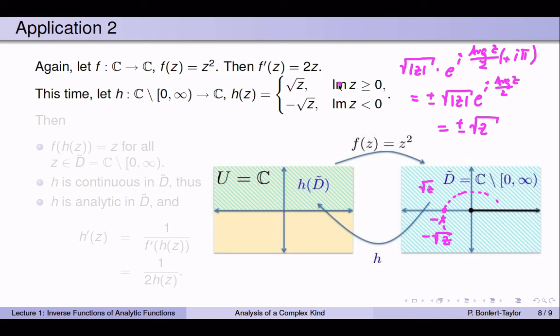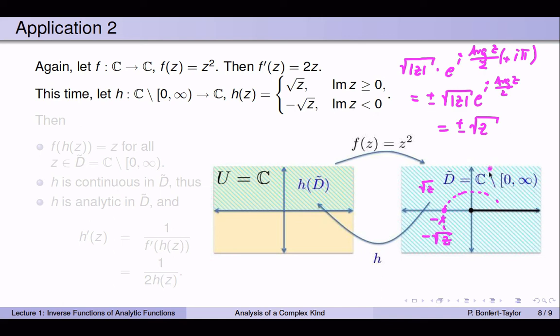When the imaginary part of z is positive, we choose the square root of z. When it's negative, we choose the negative square root of z. This function has the property that it is continuous on the negative real axis, but it's going to have a jump somewhere, and that jump is going to happen on the positive real axis.